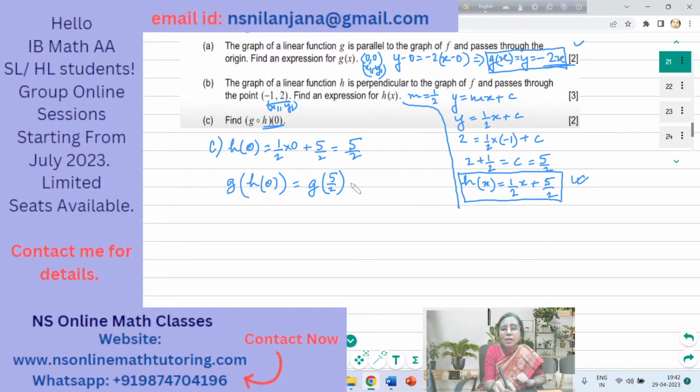This is minus 2 times x, so minus 2 times 5 over 2, which is equal to negative 5. Okay? So it is equal to negative 5.